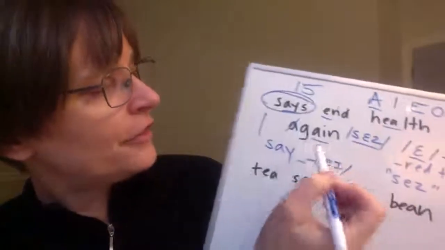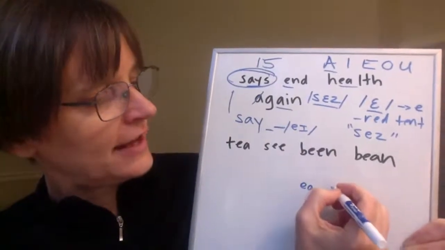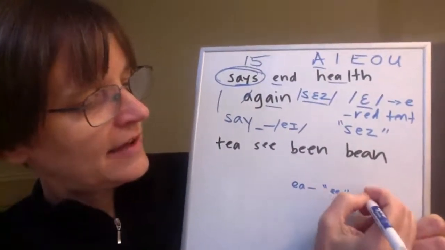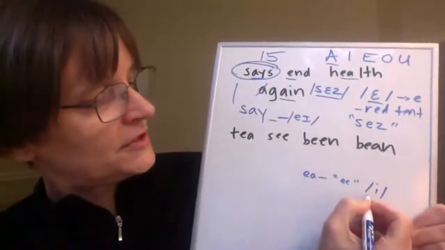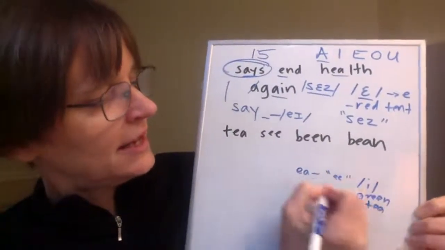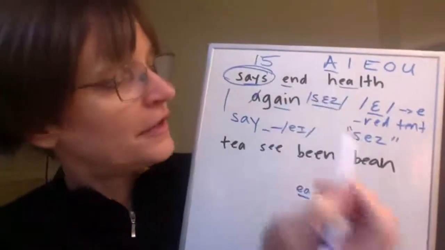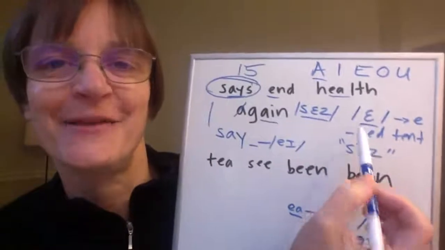Same thing for health. And again, when I see EA, I think it should sound like E, like vowel E. So this vowel in green tea, I usually spell EA will usually say E like tea. In the word health, unfortunately, it says eh.